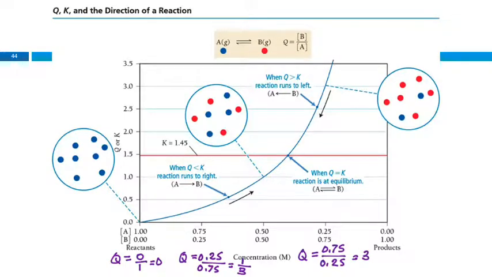So the reaction will go in the direction that makes Q get closer to K. So can we assume that if Q is higher, then it's going to be a reverse reaction? Yep. And if Q is small, it's going to be a forward reaction? Yep. If Q is smaller than K, the reaction will go in the forward direction. If Q is larger than K, the reaction will go in the reverse direction until Q equals K. And then it's at equilibrium.